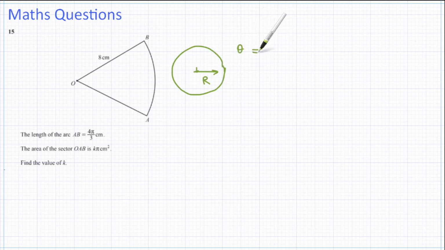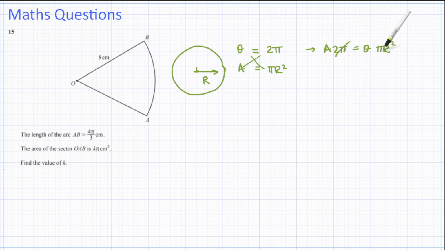The angle of a full circle in this turn is 2 pi radians. Also, the area of a full circle is pi r squared. So if we cross multiply here, we multiply the area by 2 pi, and we multiply theta, which is any angle, by pi r.